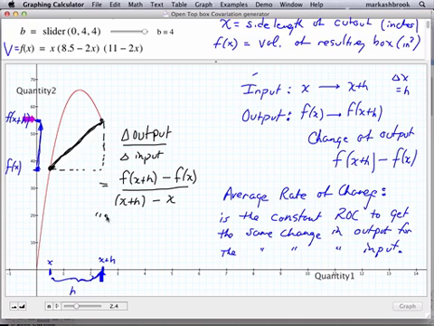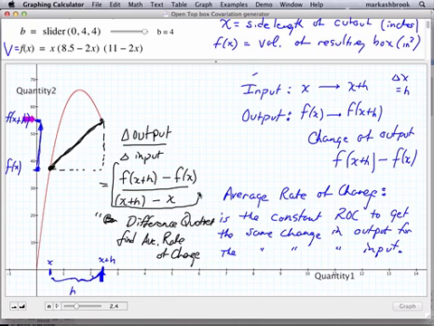So this is the difference quotient, which finds the average rate of change. What constant rate would we need to go in order to see that same change in output for that given change in input?